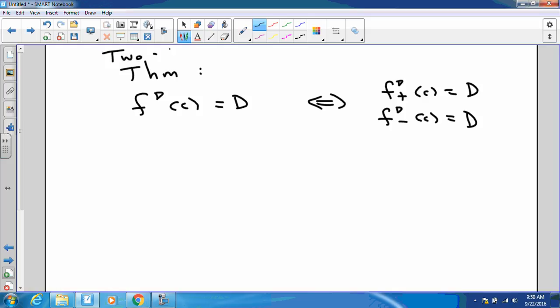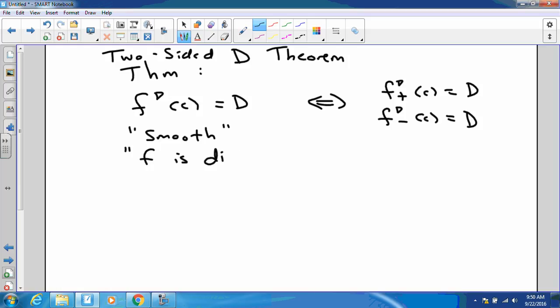We can call this the two-sided derivative theorem. And we're going to call any function whose derivative exists at c smooth at c, or we say that f is differentiable at c.